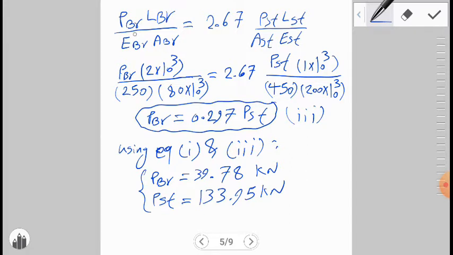We found, based on the compatibility equation, we put the numbers here, and finally we found equation number 3. Using equation number 1 and number 3, we found P bronze and P steel. It means that we found the internal force in the bronze and the internal force in the steel.